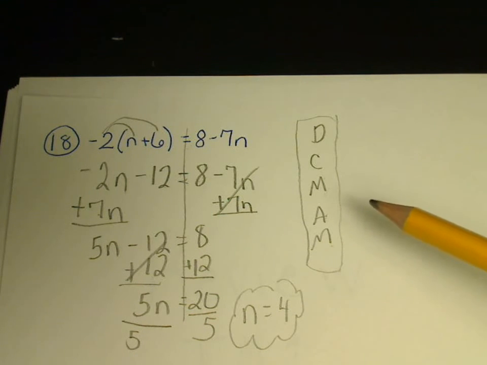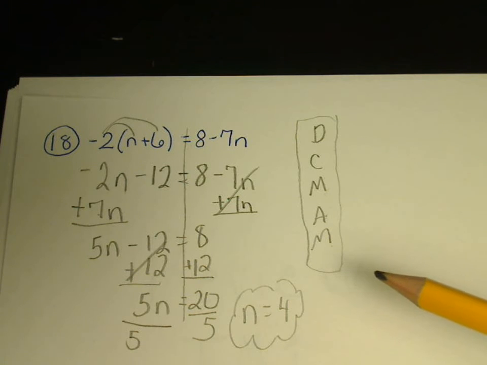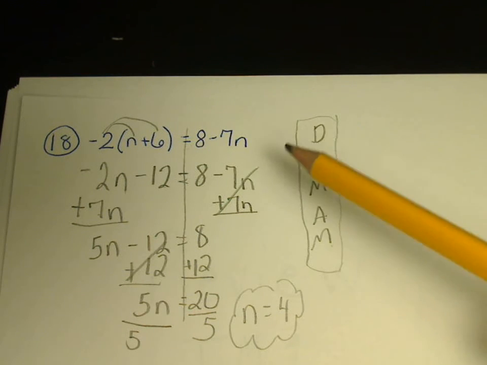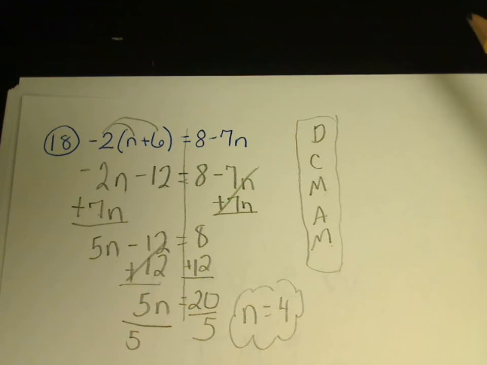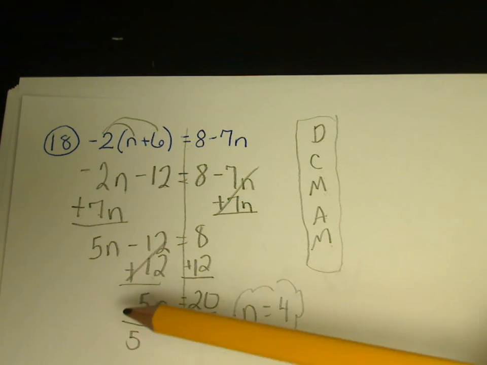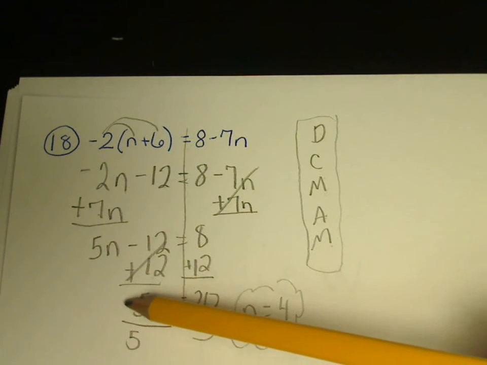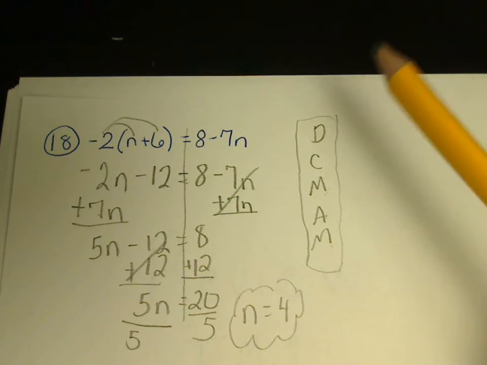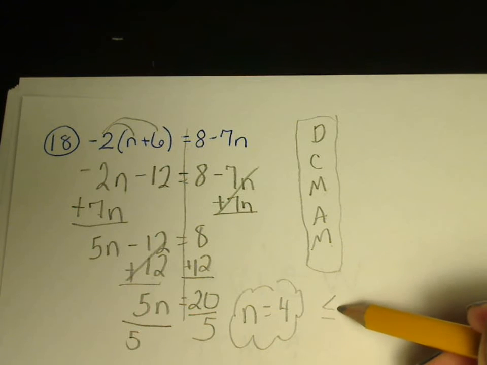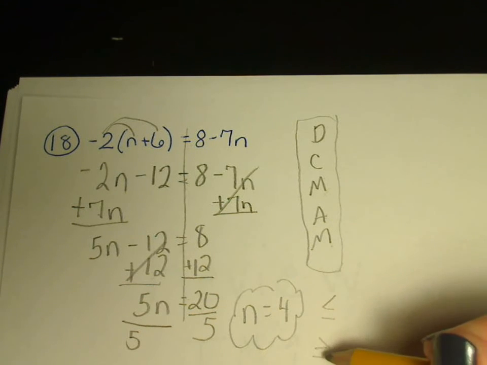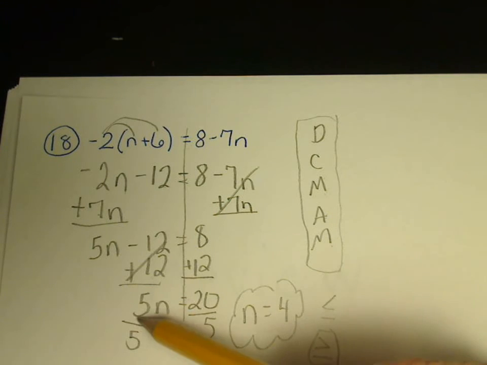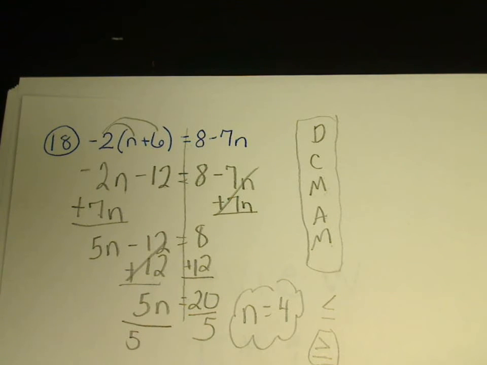The only thing that is going to be different here is if you divide or you multiply both sides by a negative, you would reverse the inequality sign. So if this had been a negative 5 and this was an inequality like this instead of an equal, we would have to reverse it when we divided by a negative.